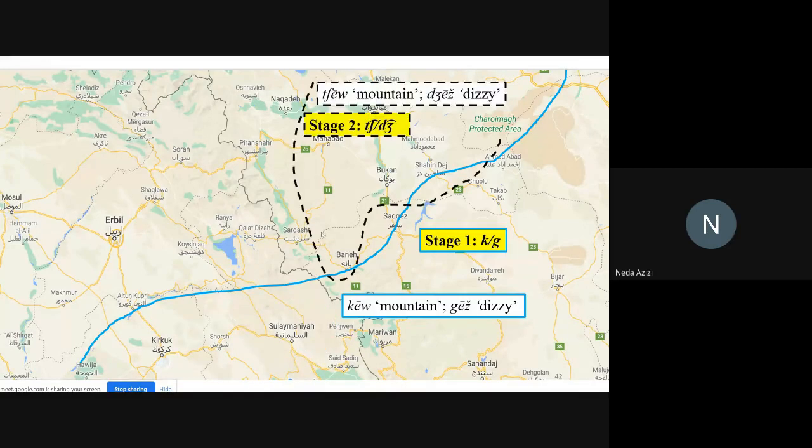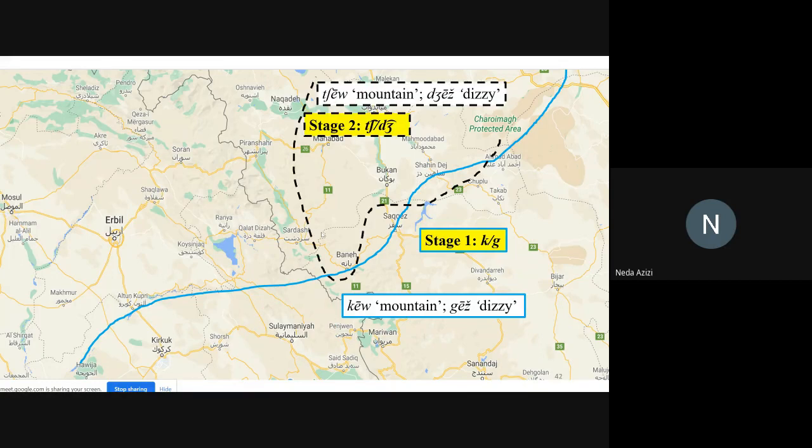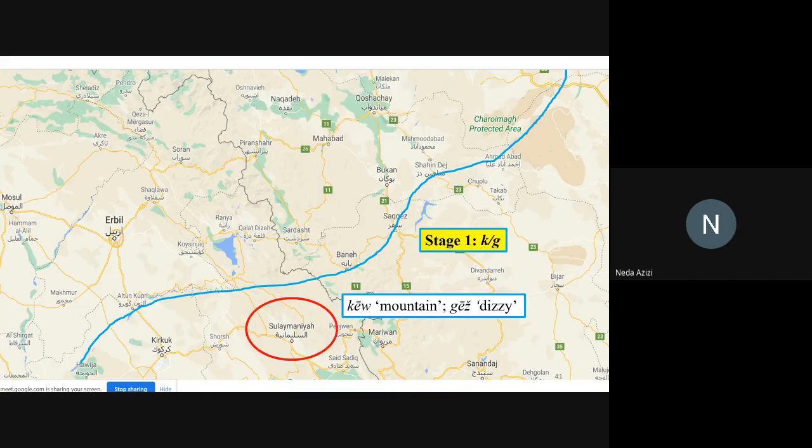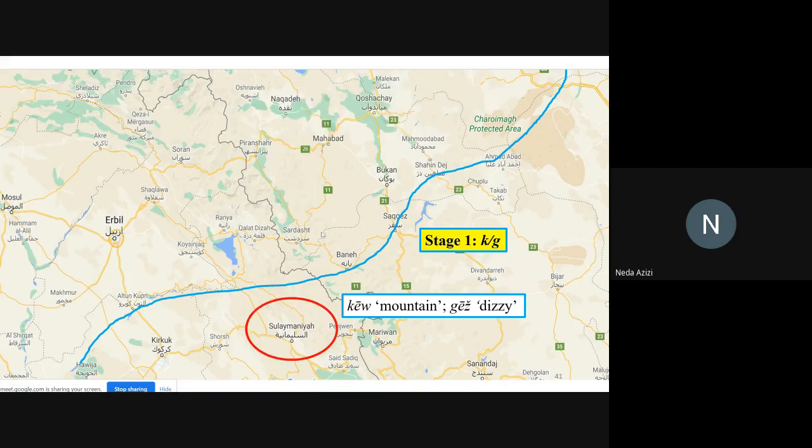And the second one goes to the form of, I shall also pronounce the examples for you, for example, Keu or Gej. Keu means mountain, and Gej is desert. This stage is extended to Suleymania in the red circle in Iraqi Kurdistan, and Suleymania speakers also in Iraqi Kurdistan greatly depend on the contact of the informants.